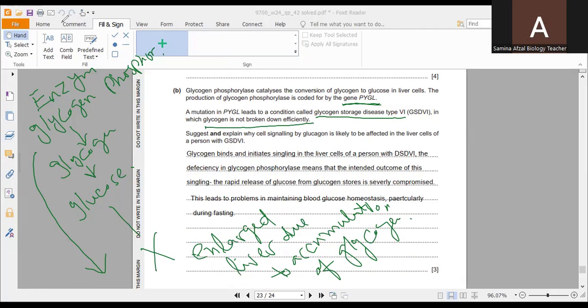So in that case, the enlarged liver will be there, and the body will not function properly.